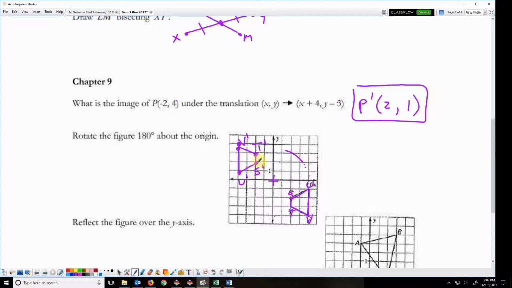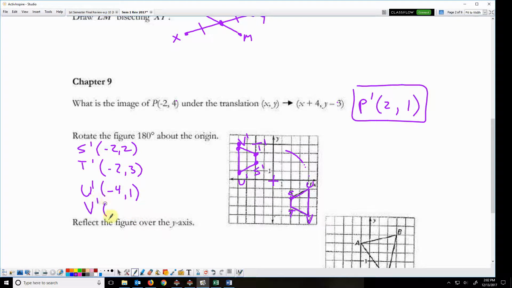Okay, so then I could name these coordinates. S prime is at negative 2, 2. T prime is at negative 2, 3. U prime is at negative 4, 1.